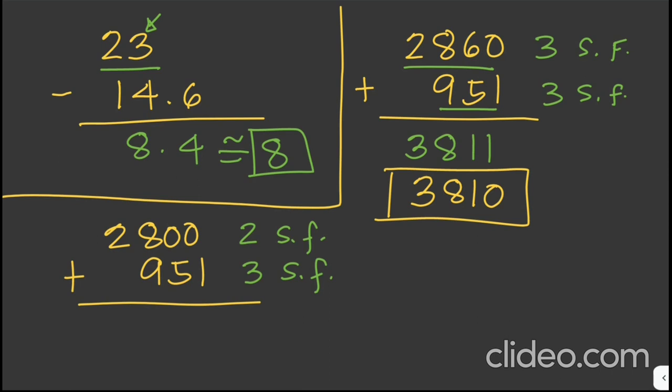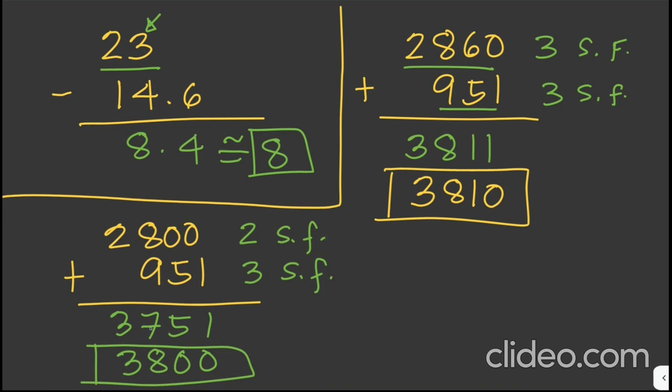Therefore, we must round off our answer to 2 significant figures. So adding this up would give us 3,751. Therefore, our answer can be rounded off to 3,800. Since the number after 7 is 5, then we just have to add 1 to 7.